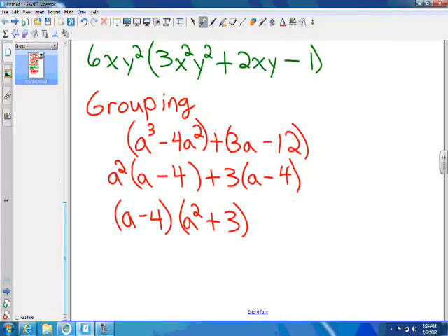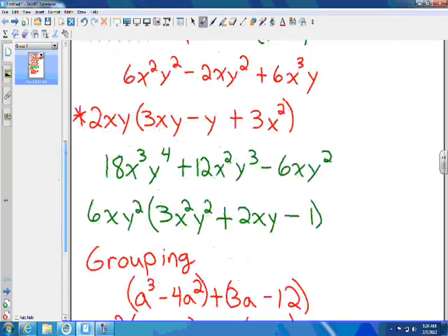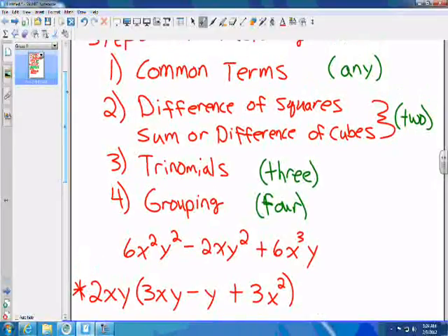So how many terms do we have inside here? 2, and same with this one, 2 terms. So you always have to go back to your steps. What should we be checking for there? Which one of those involves 2 terms? The difference, the sum and difference part.